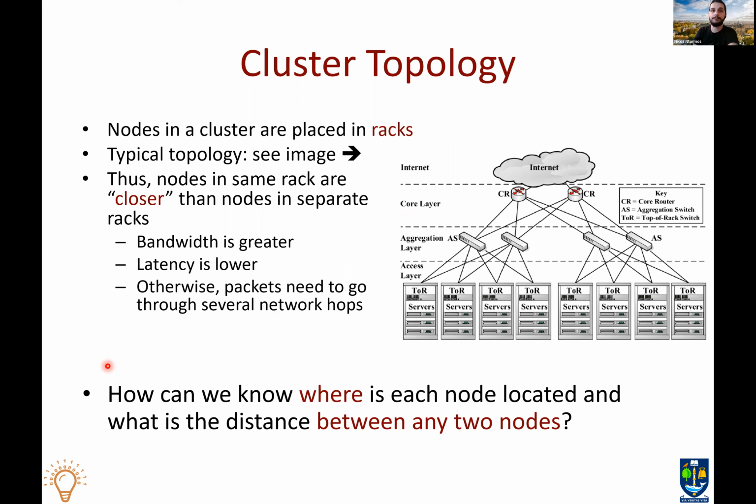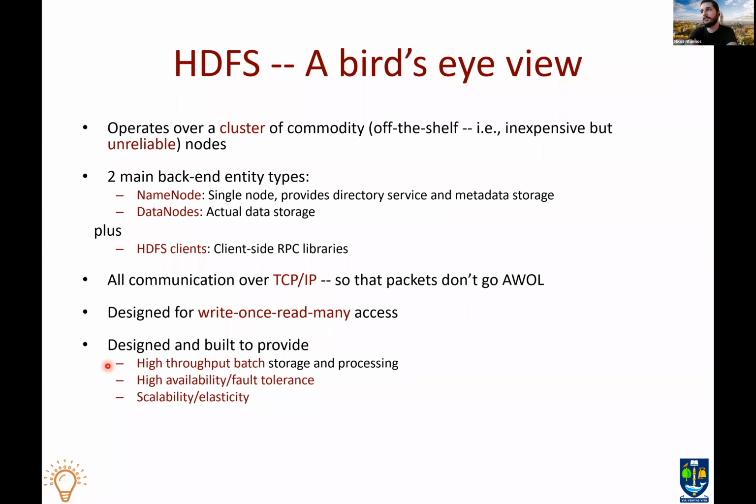Okay. Good. So back to HDFS land or Google FS land. This is designed to operate over a cluster of commodity machines. Here, the definition of commodity is a bit vague. Commodity machines are supposed to be off the shelf, so inexpensive and possibly unreliable.